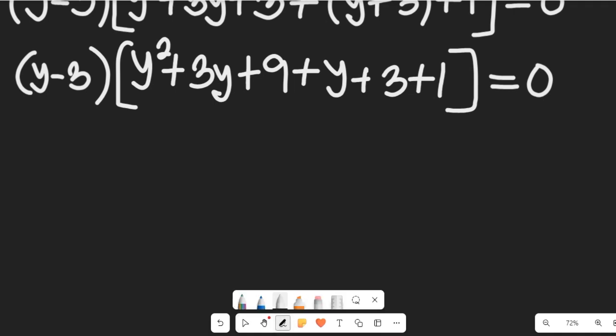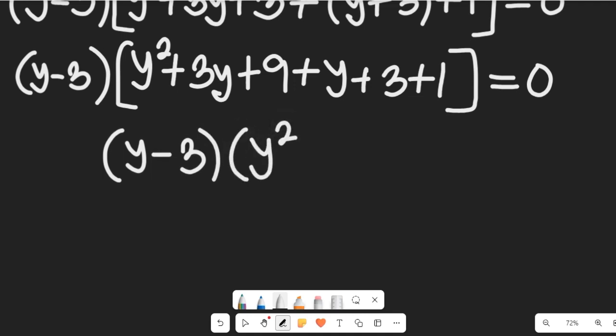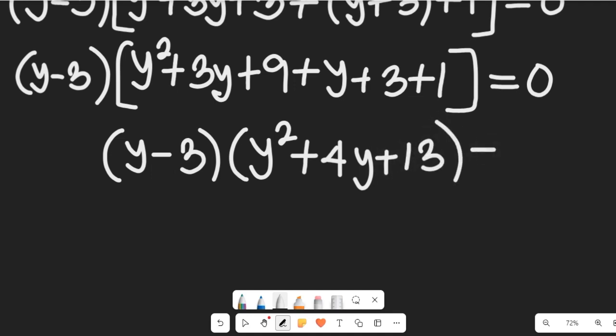So we are going to have this to become y minus 3, and this will be y square. 3 plus 3 is going to give us plus 4y. 9 plus 3 is going to give us 12 plus 1 is going to give us 13, right? That will give us plus 13, and all of this will be equal to 0.